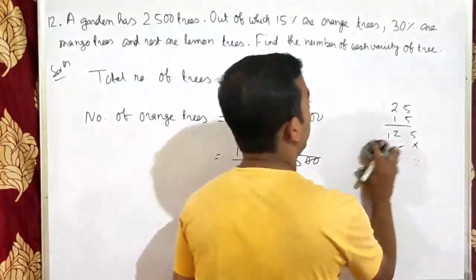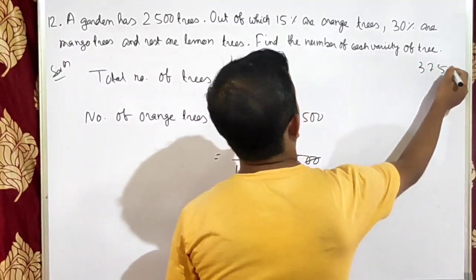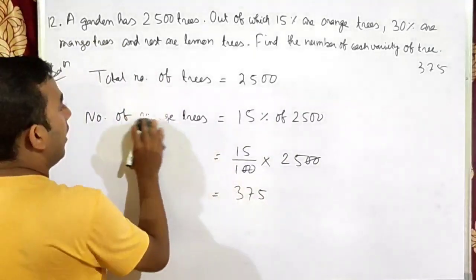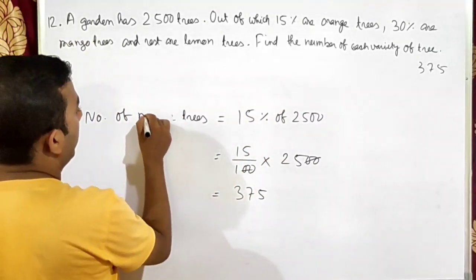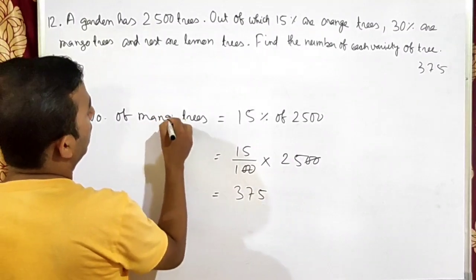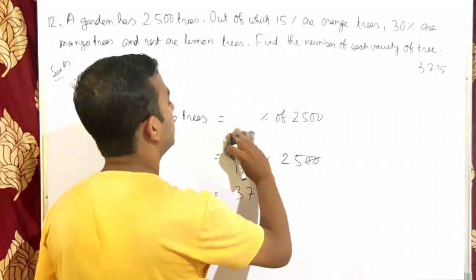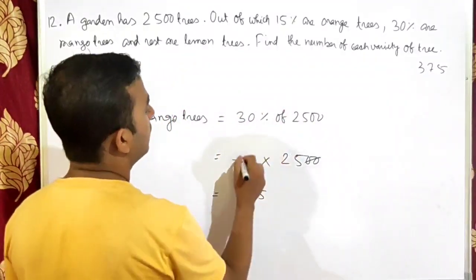Now we have to find how many mango trees are there. Okay, so we'll write number of mango trees equals how much? It is 30% of this, isn't it?